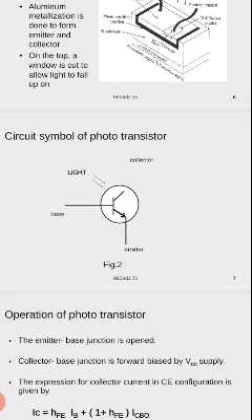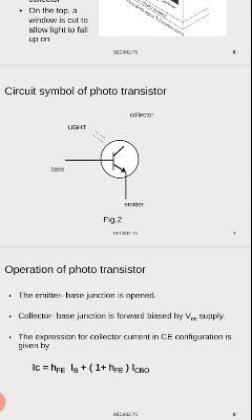Operation of phototransistor. So how do we explain the operation of a transistor in general? A transistor is configured in one of the configurations, either common base, common emitter, or common collector.